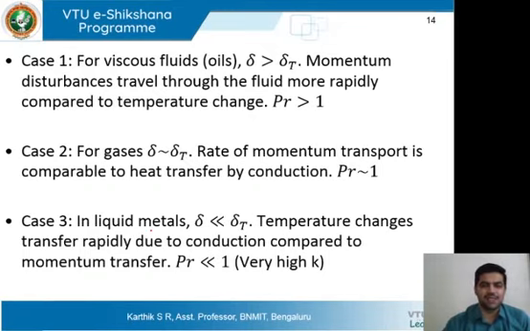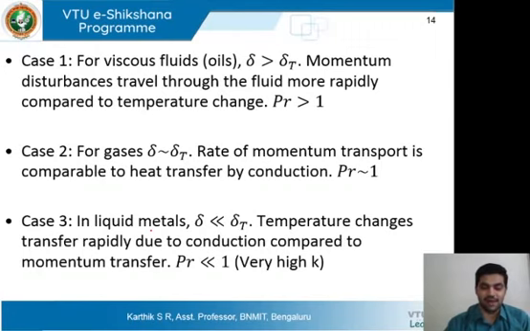Another extreme that we see is in liquid metals, where the thermal boundary layer develops very rapidly compared to the velocity boundary layer, owing to the metallic nature, wherein conduction is very quick compared to other fluids.